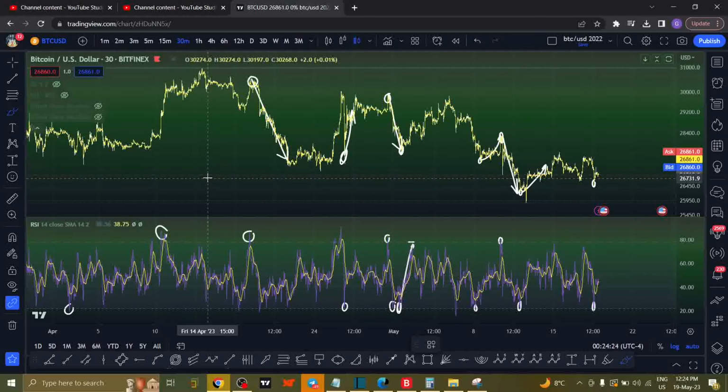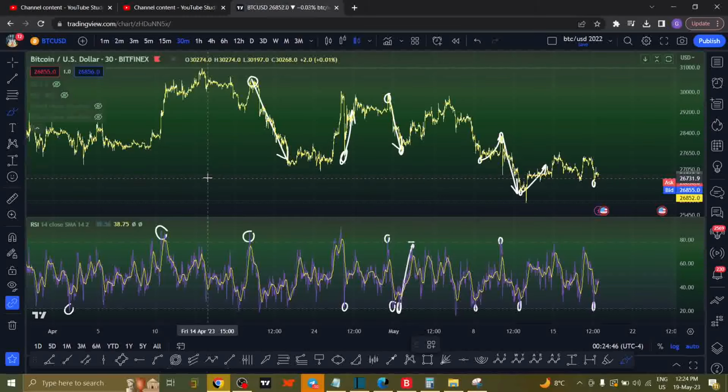For those that want to increase their probability of success in this market, make sure you use this strategy with other effective strategies. That's something that I'll be covering throughout this channel. Support and resistance, divergence, harmonics, you name it.